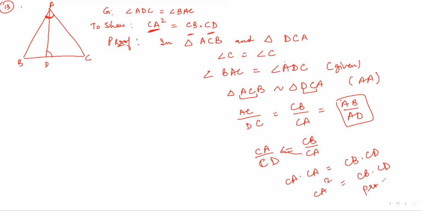So proved. Ma'am, you did cross multiplication there. Yeah, cross multiplication, multiplying this CA together and CD and CB together. Done, ma'am. Okay.